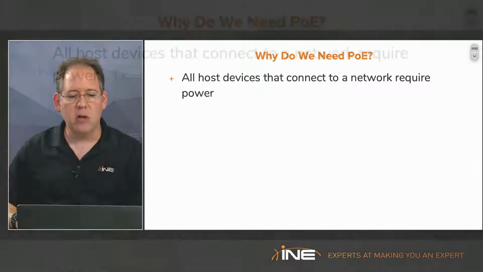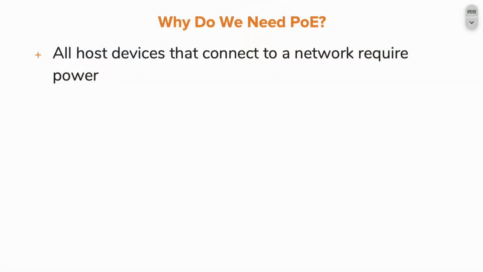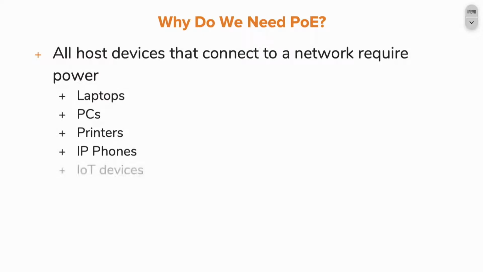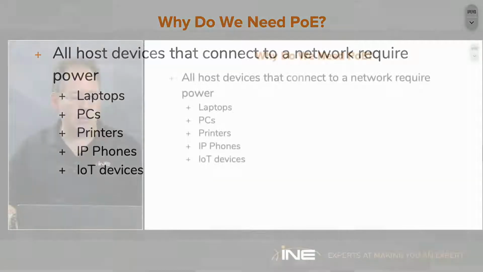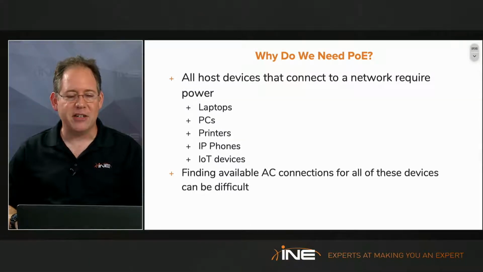We know that all host devices that connect to a network require some kind of power. Laptops, PCs, printers, IP phones, Internet of Things devices like your IP cameras and your thermostats and things of that nature. Well, all these things need power, and if they aren't battery driven, they're going to be driven basically by plugging into an AC outlet.